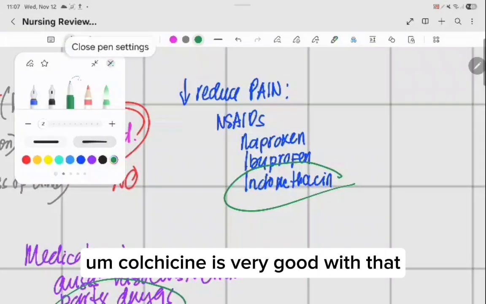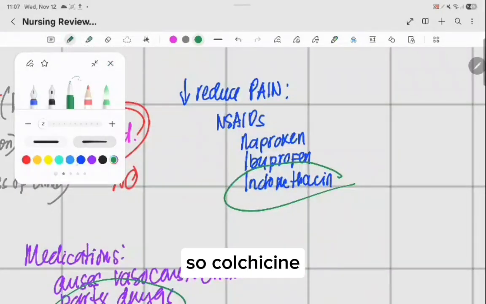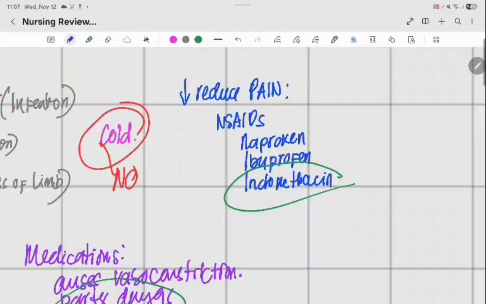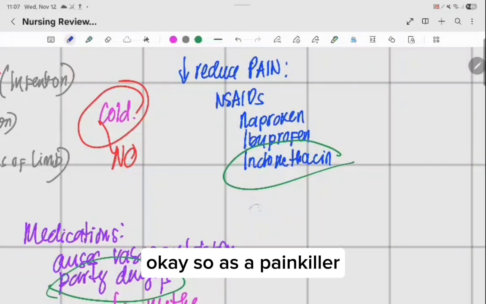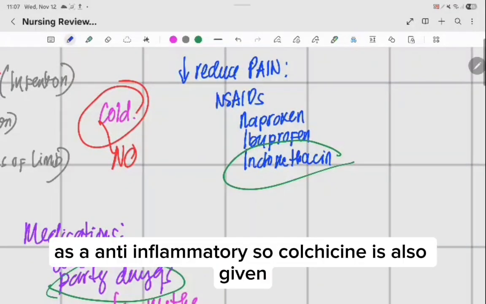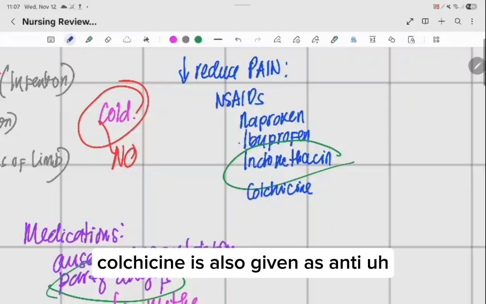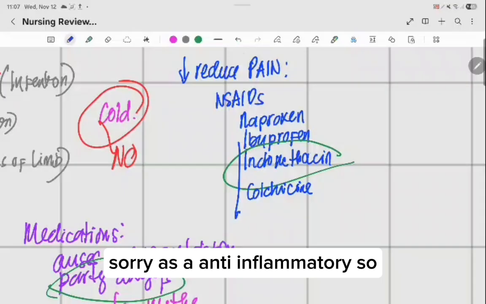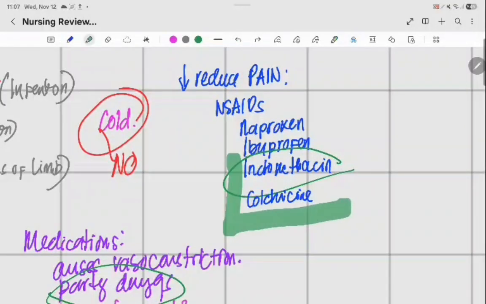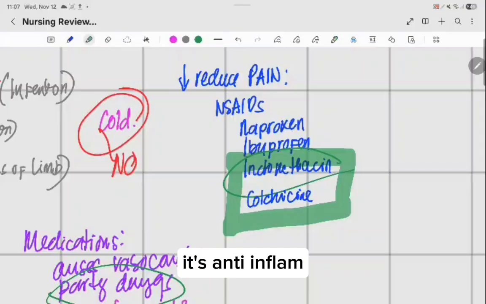Colchicine is very good with that. So colchicine, as a painkiller, as an anti-inflammatory, so colchicine is also given as an anti-inflammatory.